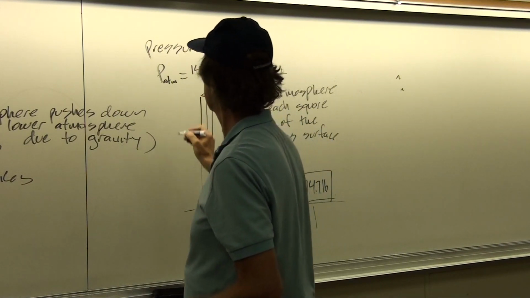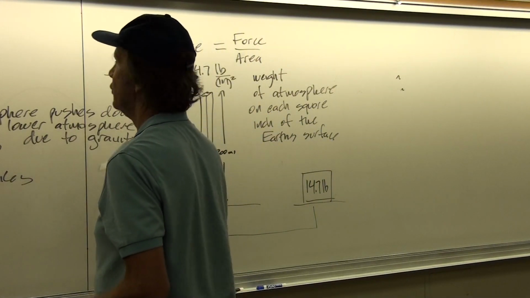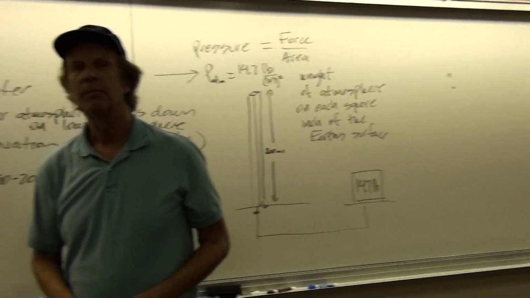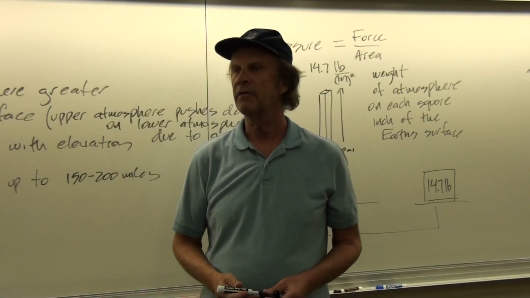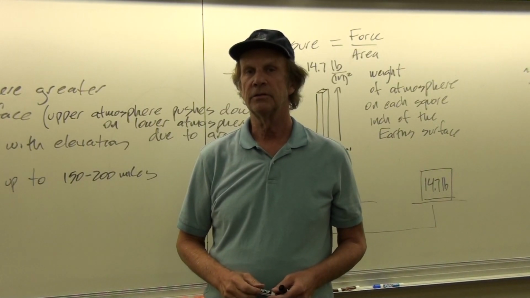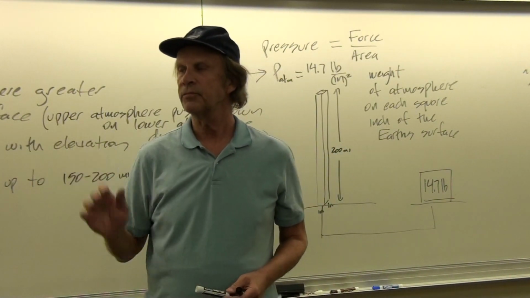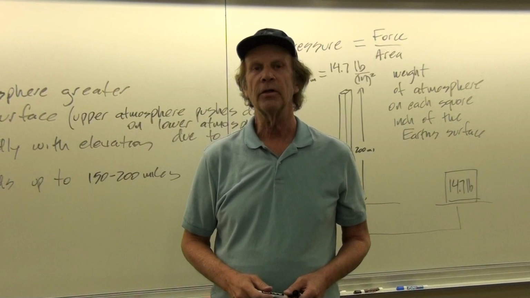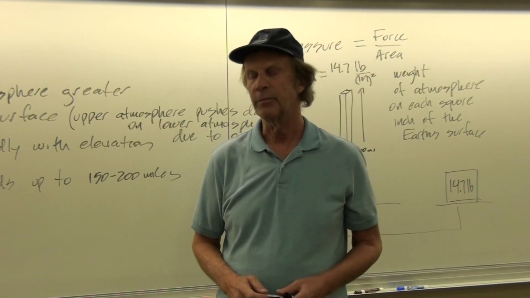So this is considered to be our normal pressure. But there are variations in this pressure that can be due to the unequal heating of the Earth from the sun.